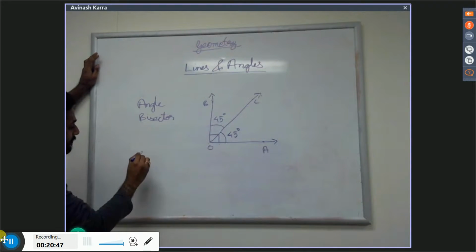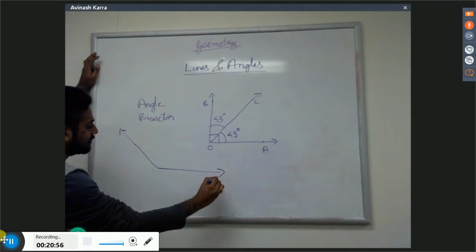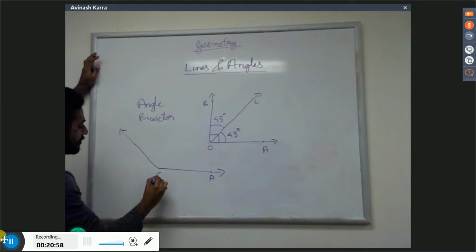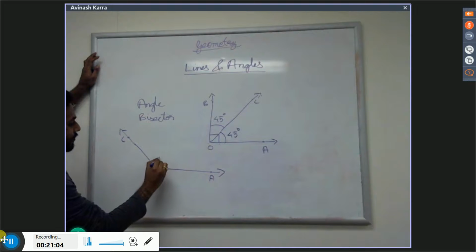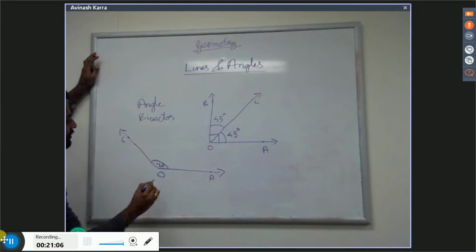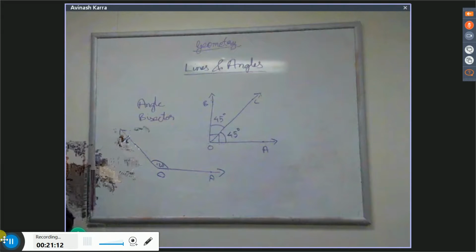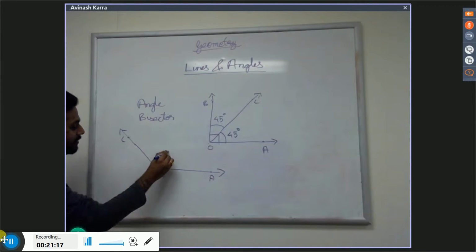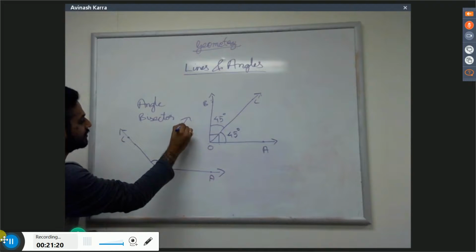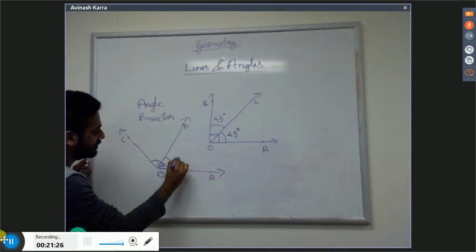And in the same way, for example, if the angle is 120 degrees and I want to draw an angle bisector, what will be the angle? 60 degrees, right?